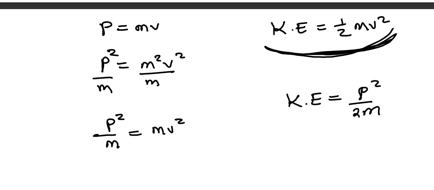What is only missing from the right hand side for it to be exactly like the kinetic energy formula is us multiplying everything here by half. That's the main reason why I've also multiplied this side by half. What you do on the right, you also do on the left. Okay. So now this has become kinetic energy. Then 1 times p squared is p squared, and 2 times m, that's where the 2m came from.